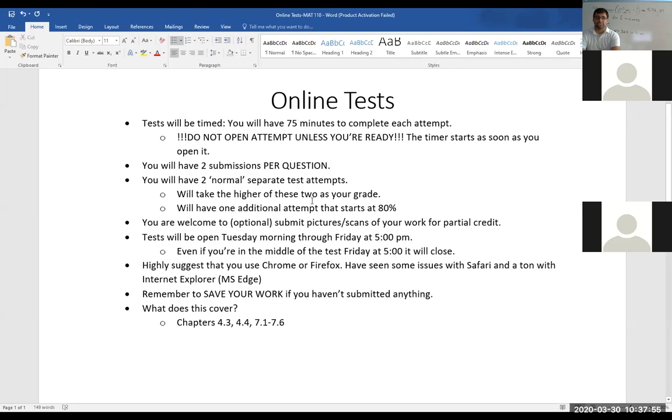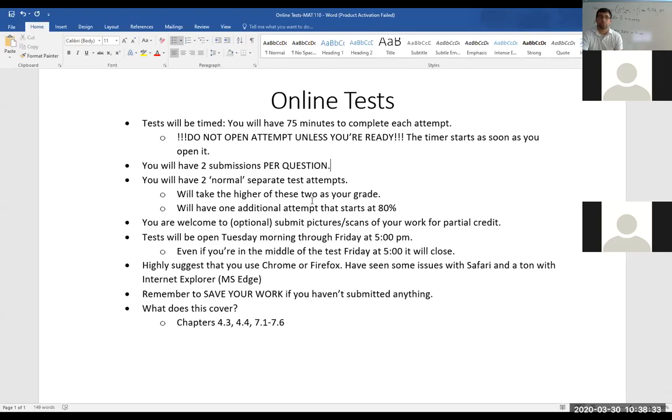I highly suggest, and this goes with doing the homework stuff in general, or anything on WebAssign in general, that you use Google Chrome or Firefox. I have seen a handful of issues with people doing stuff on Safari, and I've seen a ton of issues with Internet Explorer, also known as Microsoft Edge. You can attempt it in those two browsers, but it's likely it will not go well for you.